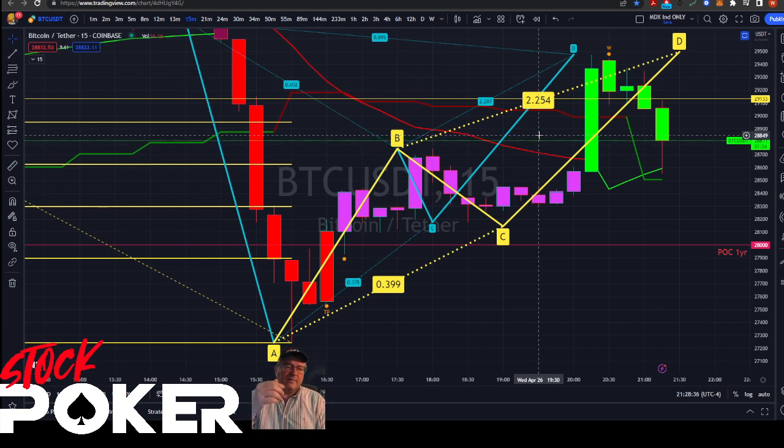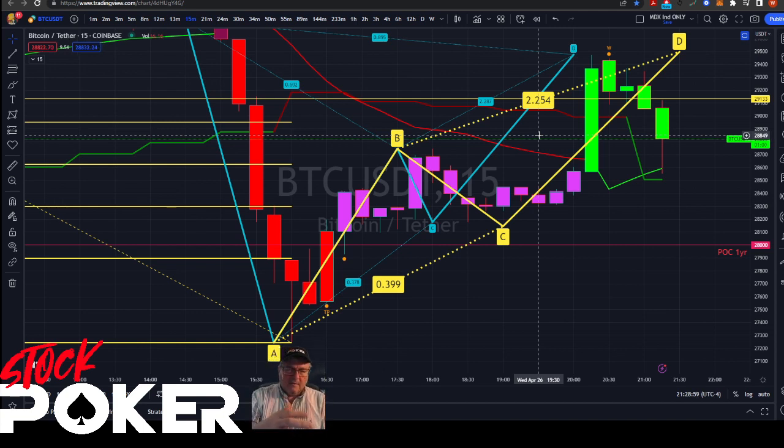Obviously, it's better if it's the 1618 or the 2618. Or if it happens to land on a Fibonacci retracement, which it just happens to land on here tonight, it lands on the 2-2.